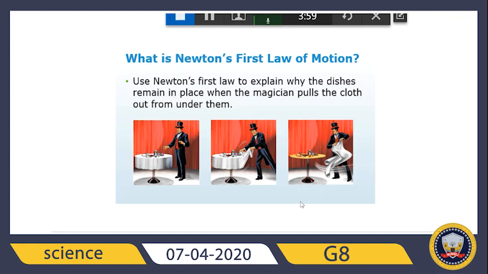Why? Because the tablecloth didn't exert a force on the plates great enough to make them move. As we said, according to the law of inertia, or Newton's first law, all objects have the tendency to resist any change in their motion unless enough force acts on them.